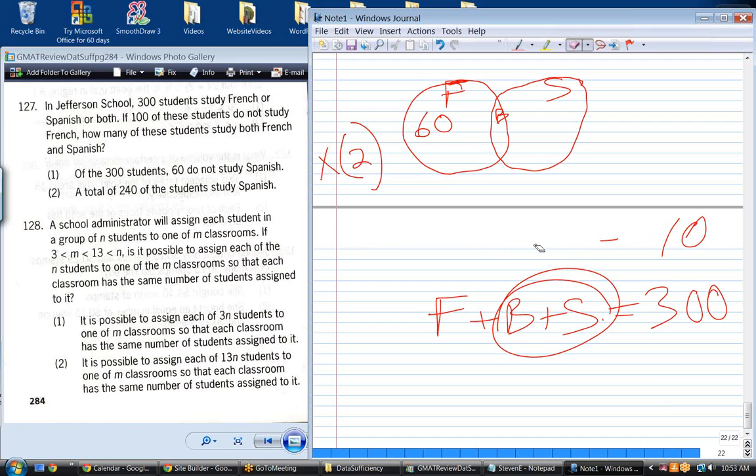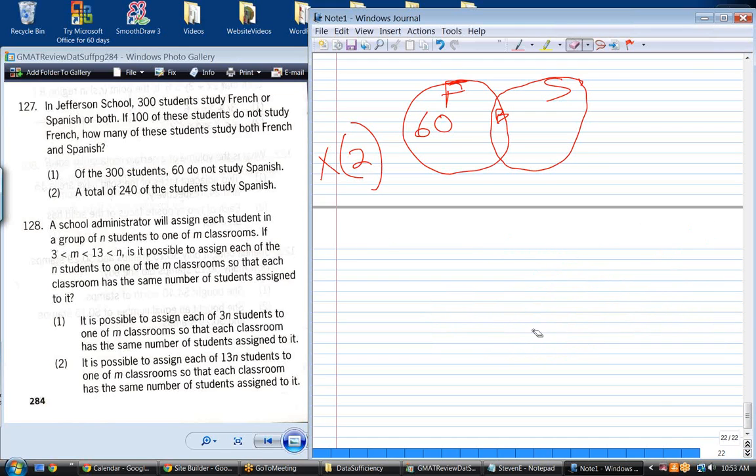Now let's look at 1 alone. Of the 300 students, 60 do not study Spanish. So that tells me 240 is F, right?